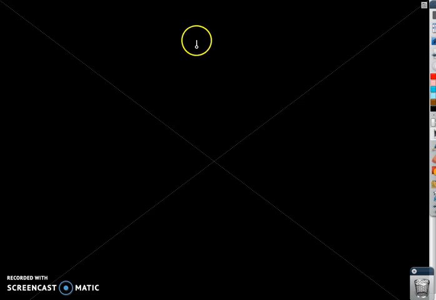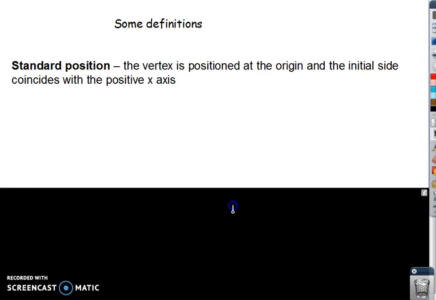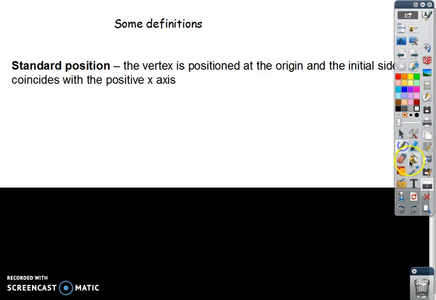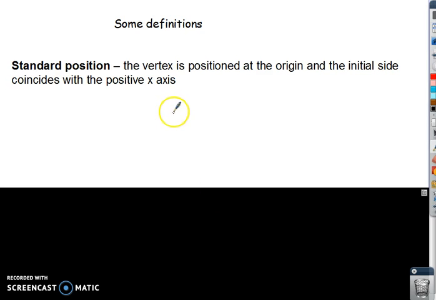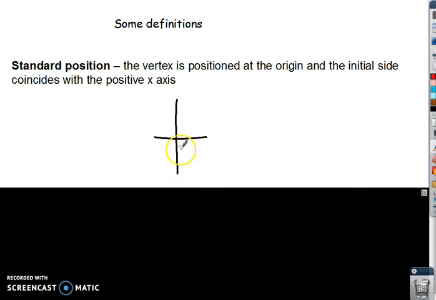Alright, the first definition we need to cover is what's called standard position. The vertex of an angle is in standard position at the origin, and the initial side coincides with the positive x-axis. Now, what in the world does that mean? That means if we have a coordinate axis like this, standard position simply means one side is on the positive x-axis right here.